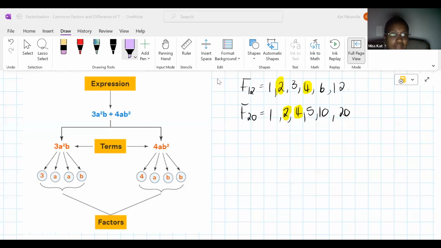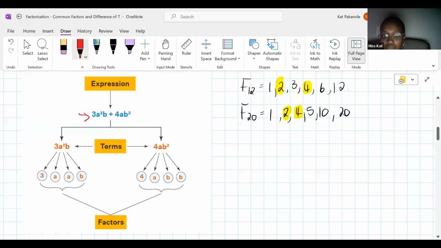Welcome, Ken Lee. What do both my terms have in common? Guys, let me know in the chat. What do my two terms have in common? That would be our common factor, right? 2 and 4. Remember, we're talking about the algebraic expression. We're done with the numbers.